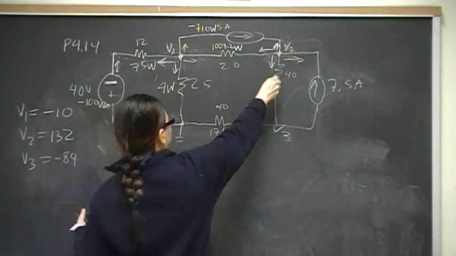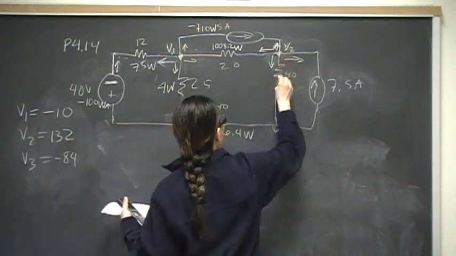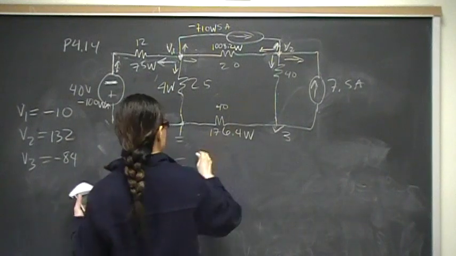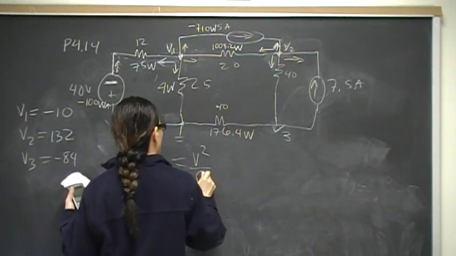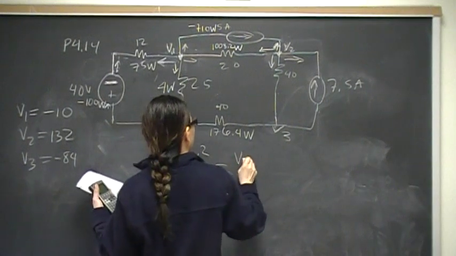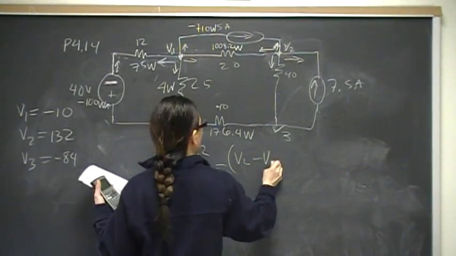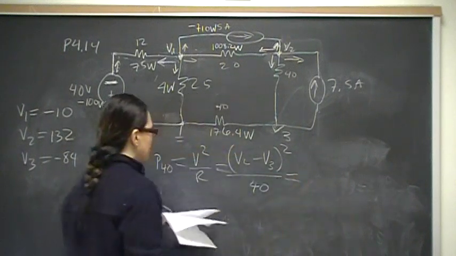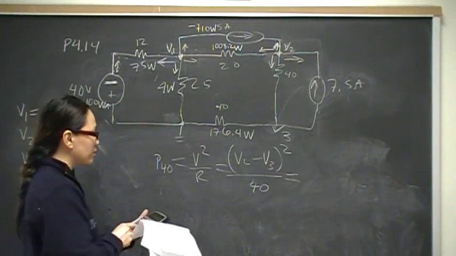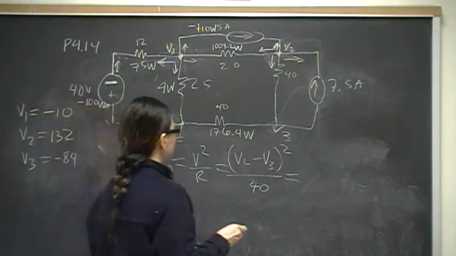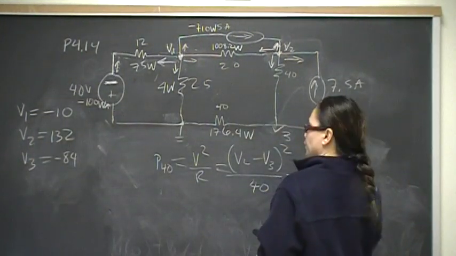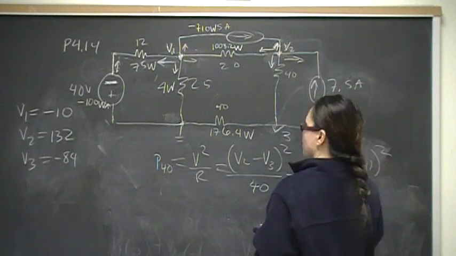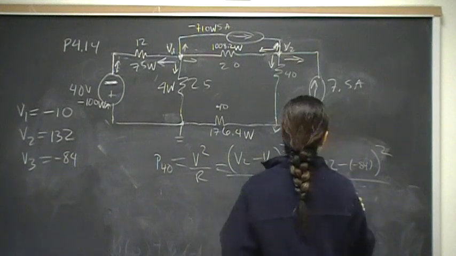What's left? This one's left. So this one is going to be P40. Power dissipated by that 40 ohm resistor will be V squared over R. And V is going to be V2 minus V3 squared over 40. Okay, so V2, this is going to be 132 minus negative 84 squared over 40.